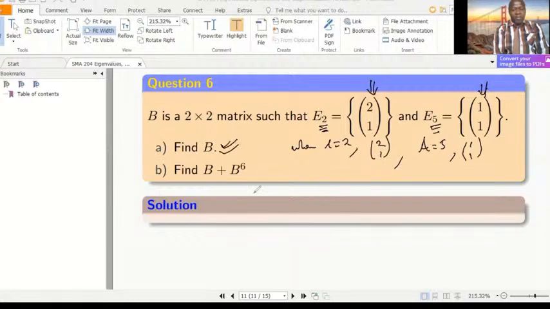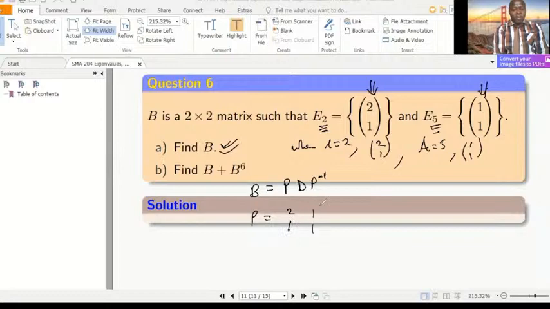So for us to find this matrix, we must remember that B is given as P D P inverse, where P here is a matrix formed by arranging these eigenvectors as columns.